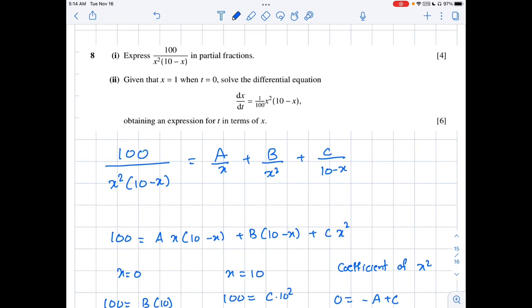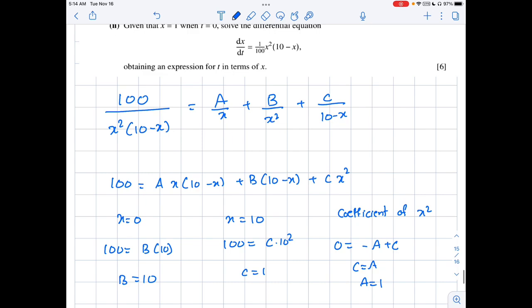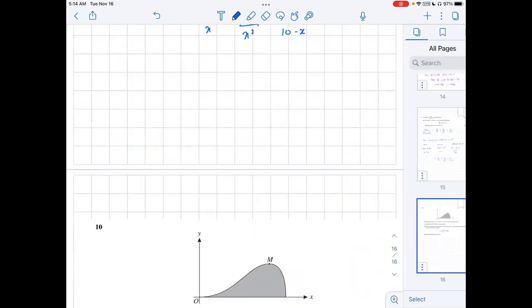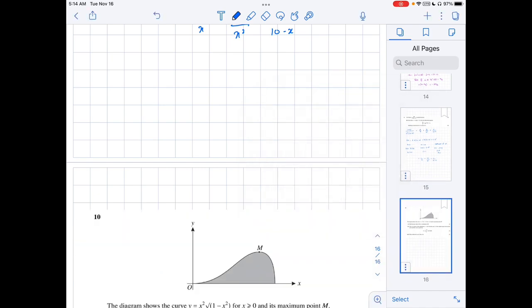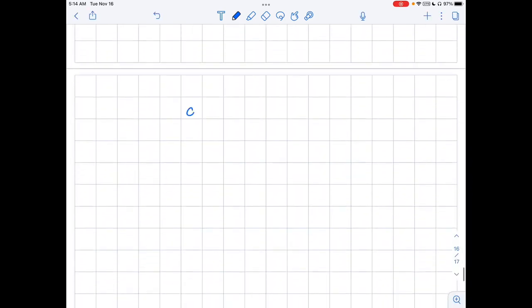Given that x is equal to 1 when t is equal to 0, solve the differential equation dx upon dt is equal to x squared upon 100 times (10 minus x).